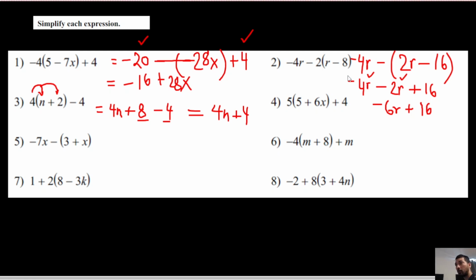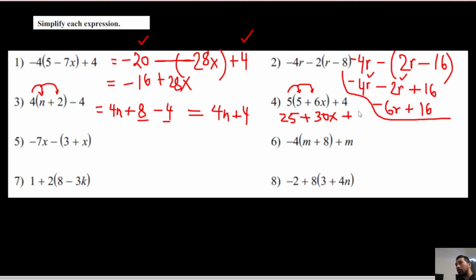Let's look at number 4 right here. For number 4, we see that we have to distribute this 5. So if we distribute the 5, we get 5 times 5, that is 25. Plus 5 times 6x, that is 30x.